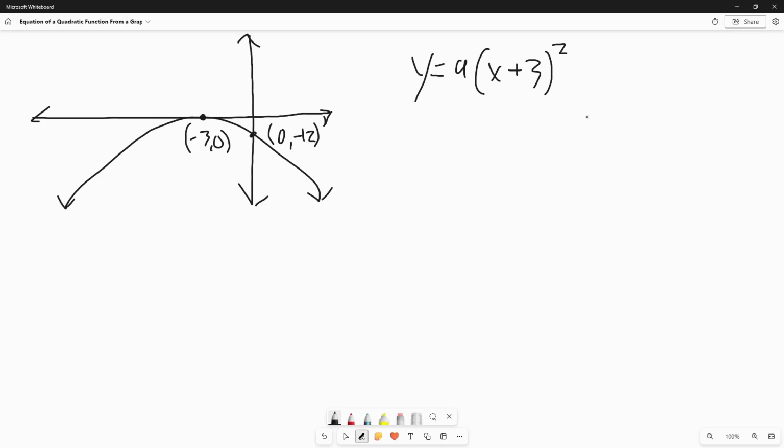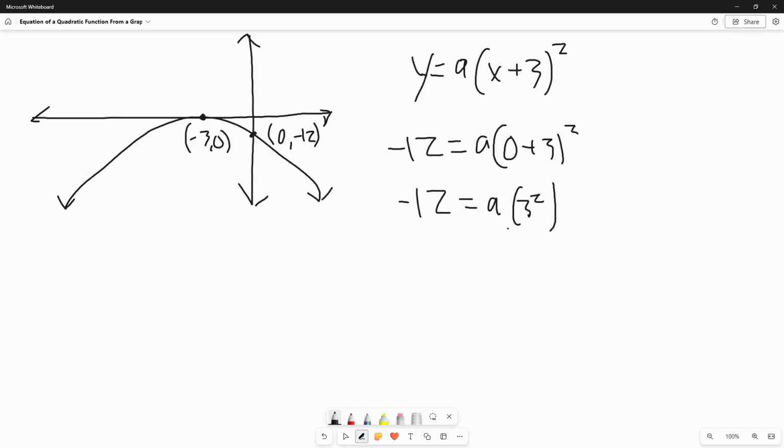But we can get rid of plus 0. So all we need to find is a. We can use the other point to find a. So plug in negative 12 for y and 0 for x. So negative 12 is equal to a times (0 plus 3) squared. And we get negative 12 is equal to a times 3 squared. And 3 squared is 9, so negative 12 is equal to a times 9.